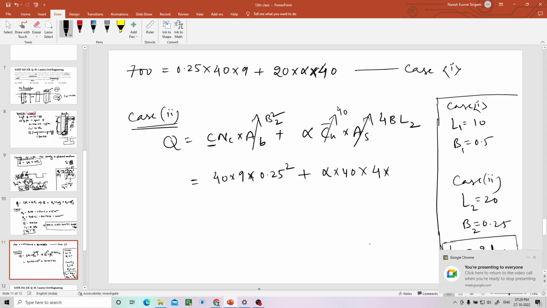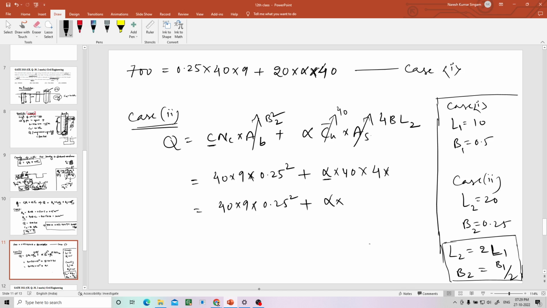Now, what do I do in this case? As I don't know the factor alpha, I'll just write 40 into 9 into 0.25 square plus alpha as it is, Cu as it is, and in place of AS 4B1L1, 4B2L2. In place of B2, I'll write B1 by 2. In place of L2, I write 2L1.